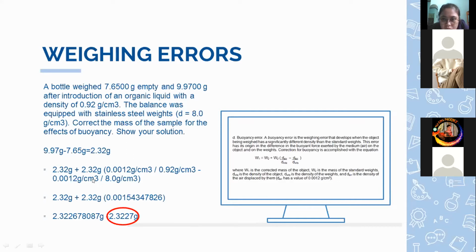So first, substitute muna namin siya doon sa formula. Tapos ang weight natin is equivalent to 2.32 grams, and then solve lang namin siya, simplify. 2.32 grams added to 2.32 grams multiplied by 0.00154347 and so on.